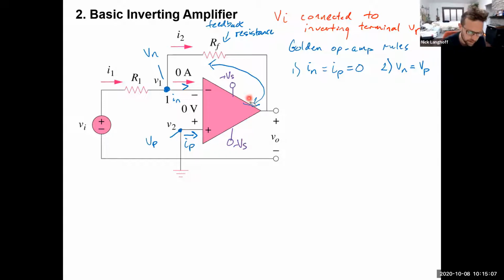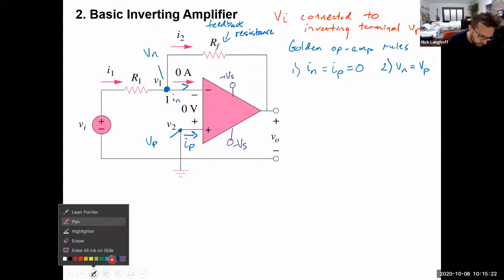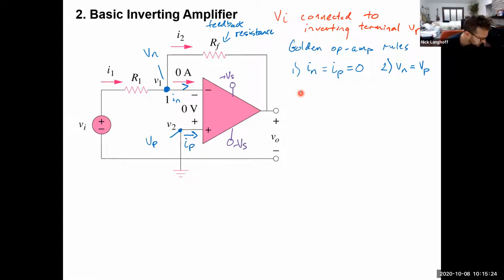Just for clarity, for simplicity's sake, that's where the current is either coming from or going to. The op amp will do whatever it has to make VN equal to VP. So let's go ahead and do nodal analysis at V1.